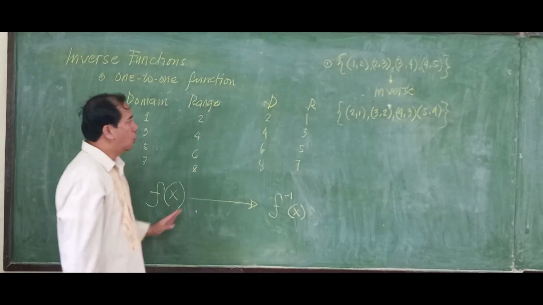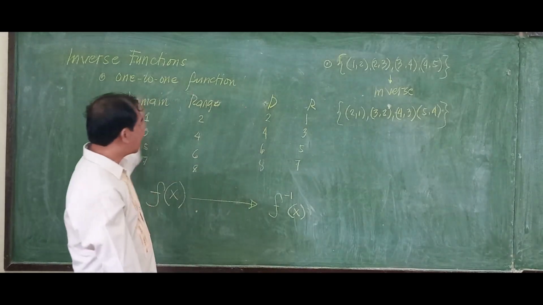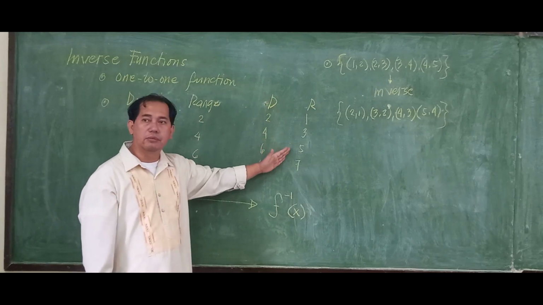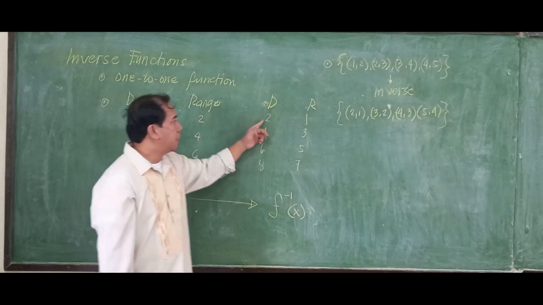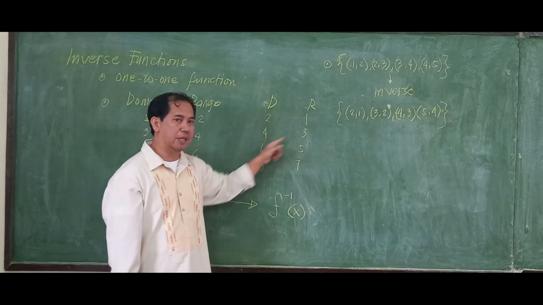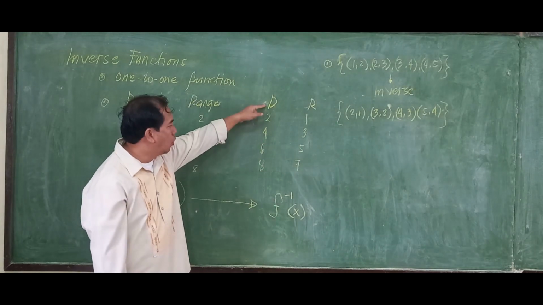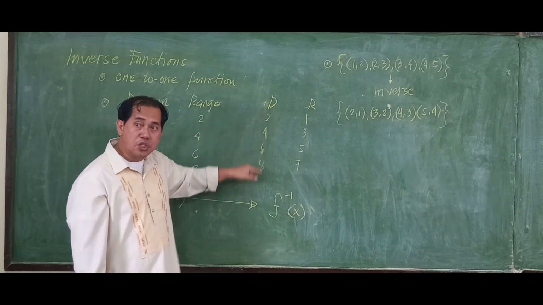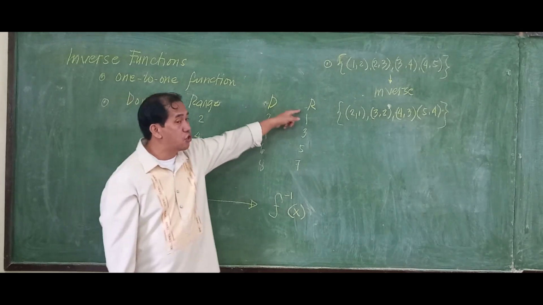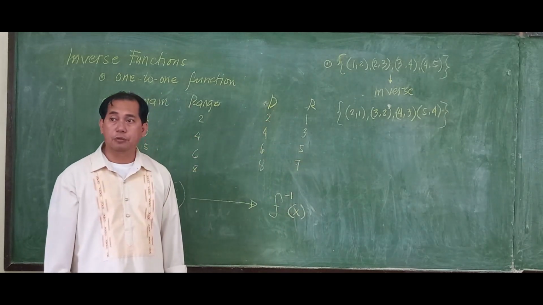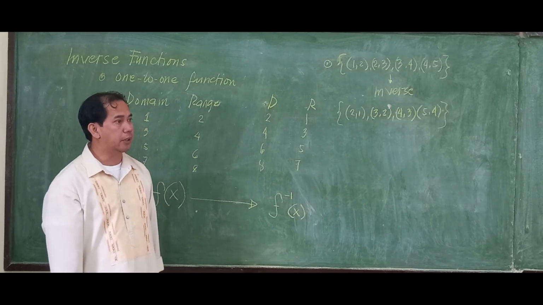It will follow that the properties here can be seen in the inverse. Meaning to say, there is also one-to-one correspondence. The domains are not repeated. The ranges are not repeated. Do you follow? They are not repeated.